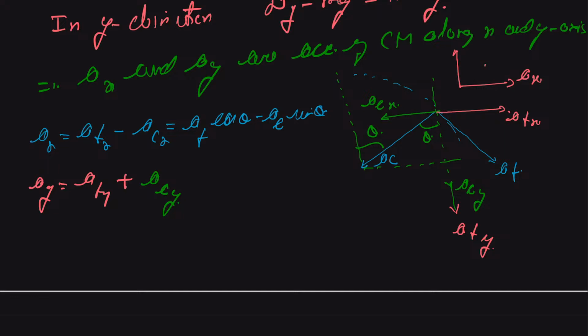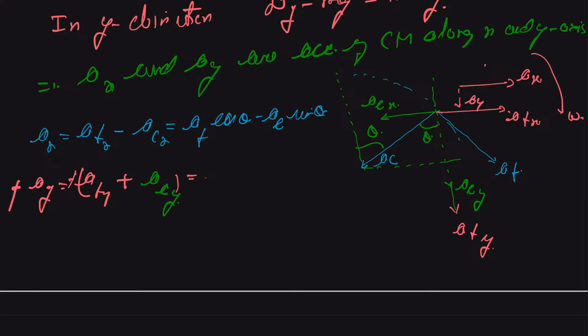One second, sorry, this is the downward direction because it is moving like this. Therefore, this all will be negative, this will be minus, and this will also be minus, so it is going to balance out.